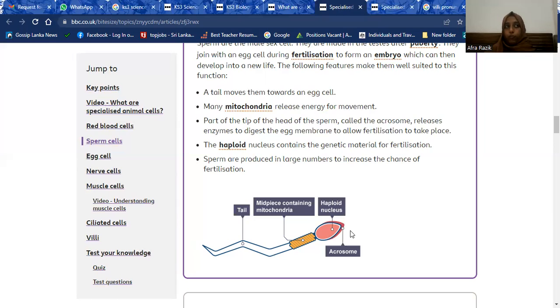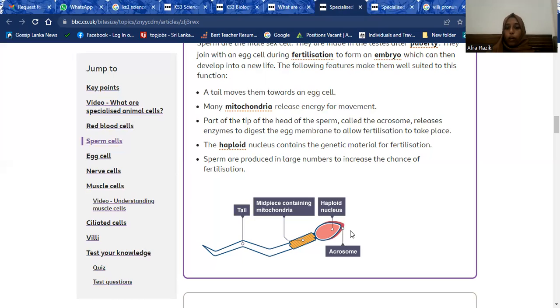When it gets attached to the egg cell, the acrosome starts to melt and enzymes come out. When enzymes are released, the egg membrane gets digested so that they can go inside and fuse with the nucleus of the egg. The egg's nucleus and the nucleus of the sperm get fused together. So we call that fertilization.